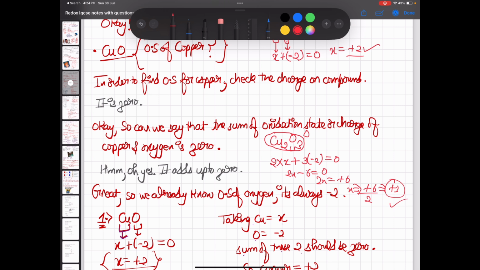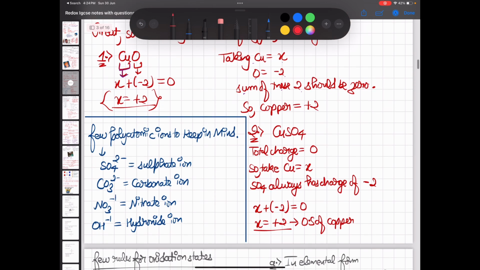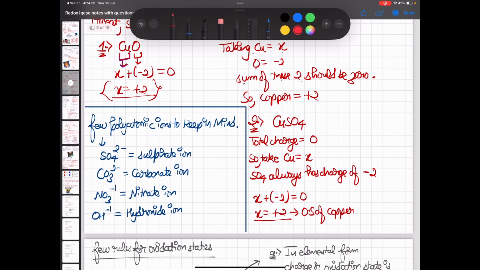Alright. Now, moving on. I'll just erase this. Now there are some polyatomic ions which we need to know according to our syllabus.